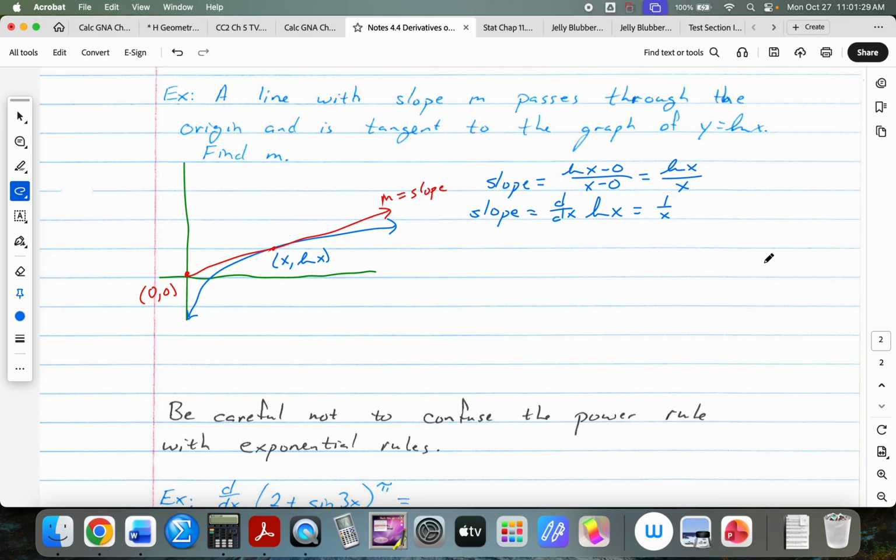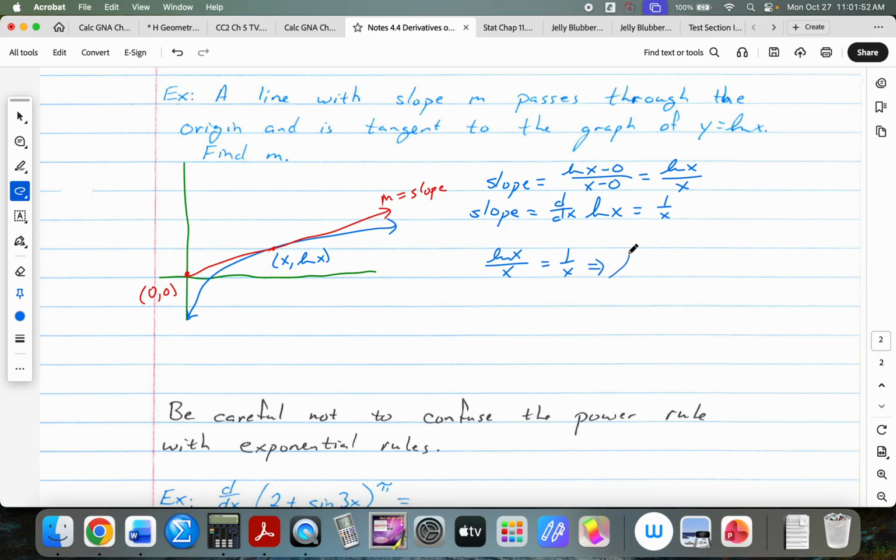And a lot of students saw one of them or the other, but not both. And then we need to figure out what m actually is, so we need to know what x is. So I'll set those two equal to each other. Natural log of x over x is equal to 1 over x.